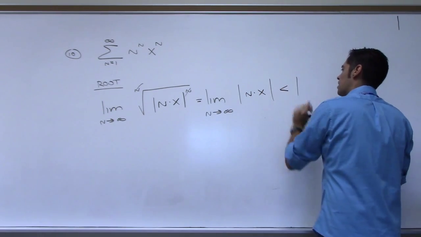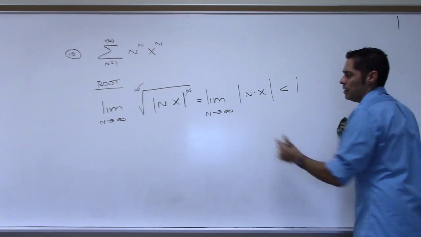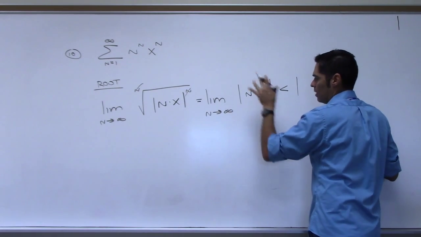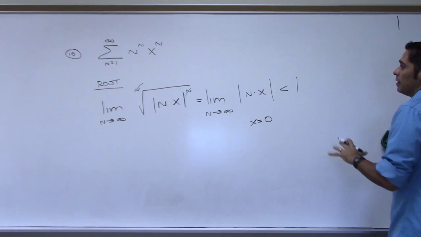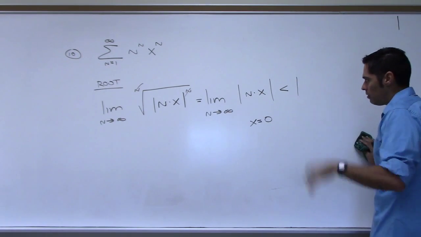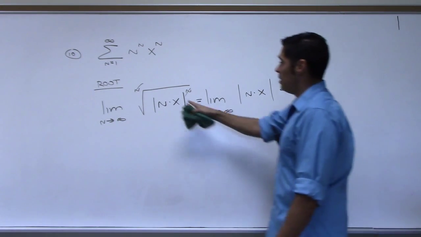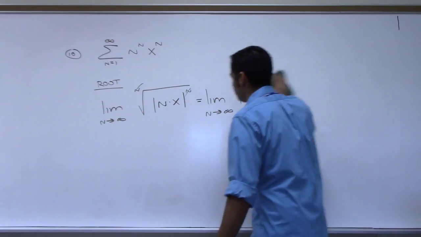And we want that to be less than 1, but it's not going to happen. If n goes to infinity, this thing blows up. The only way this thing will stay less than 1 is, again, if we let x be 0. So that's much cleaner. You didn't have to do any of that L'Hopital and all that, but you had to recognize that the root test would have worked here.